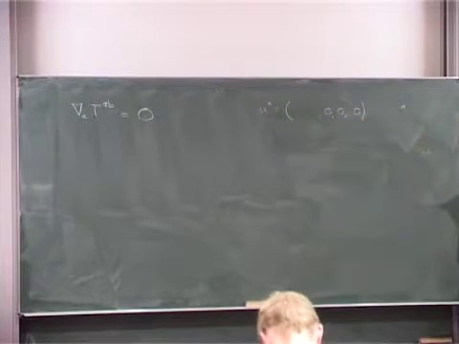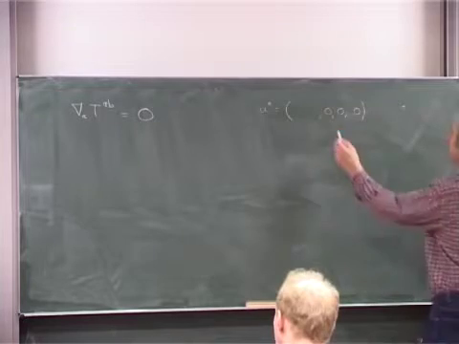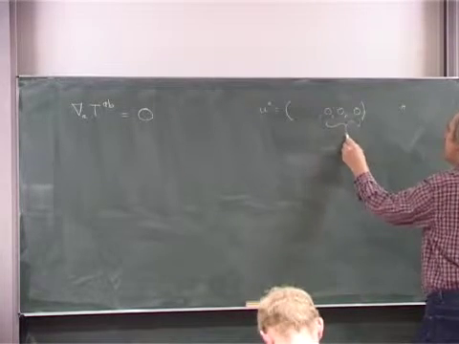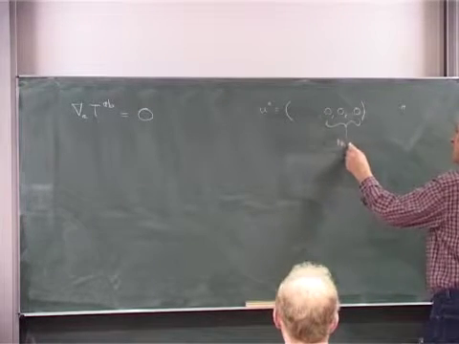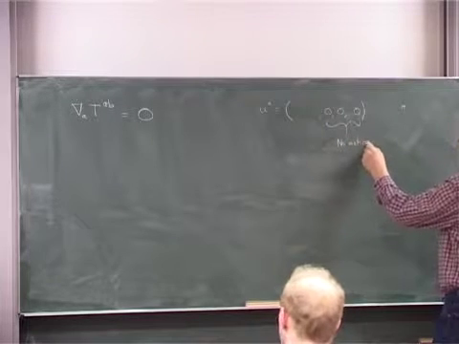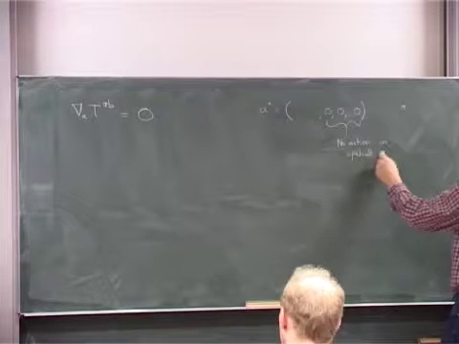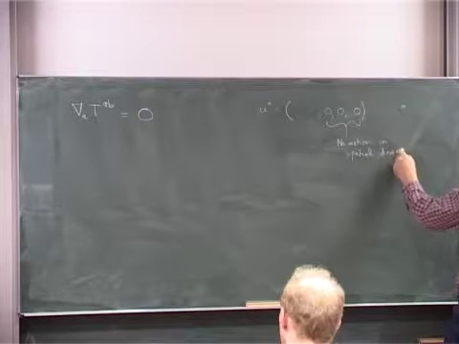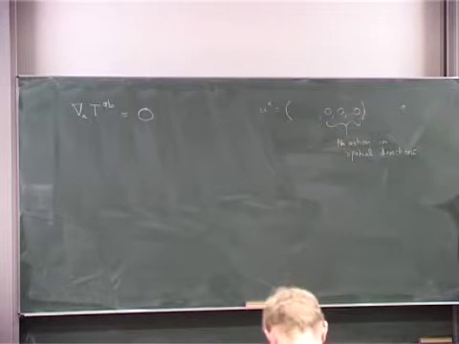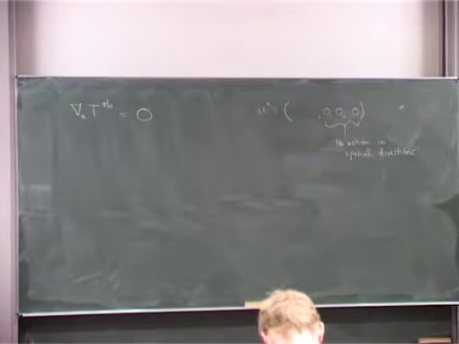You don't want to have any motion in the spatial directions, so the spatial components will be 0. So the only component that you can have is a time component.